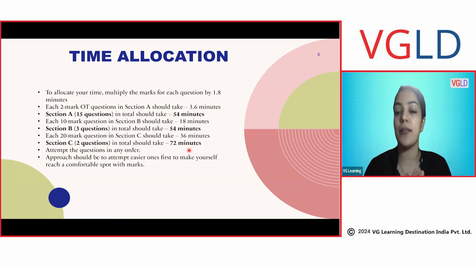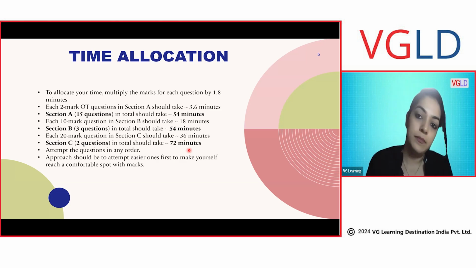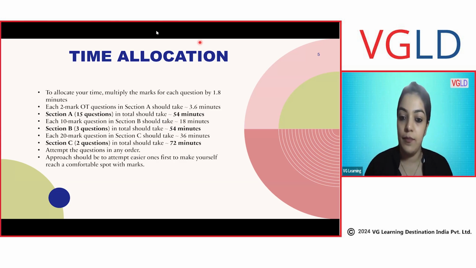I'm talking about probabilities here. What do you think? The probability of you passing by appearing for 70 marks is higher or 90 marks is higher? It's a very simple question. Of course, 90.